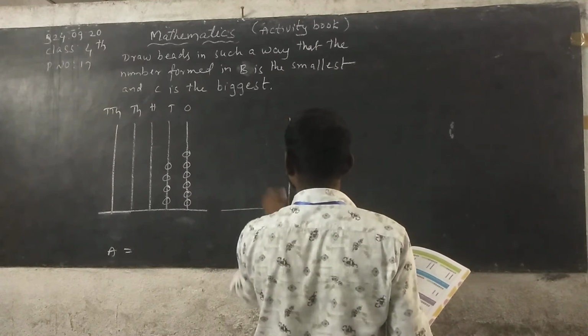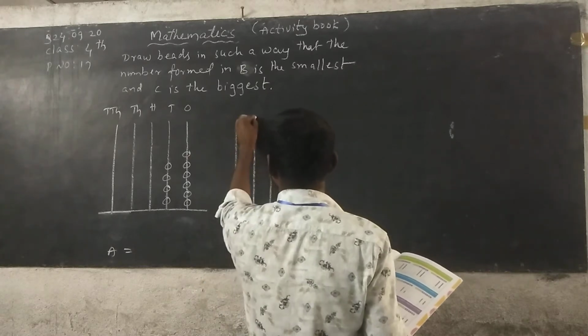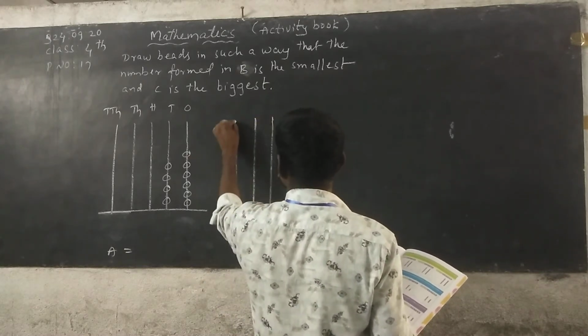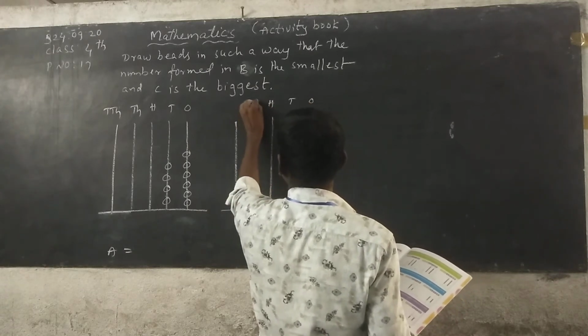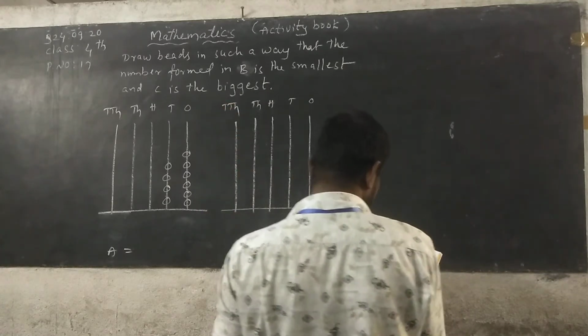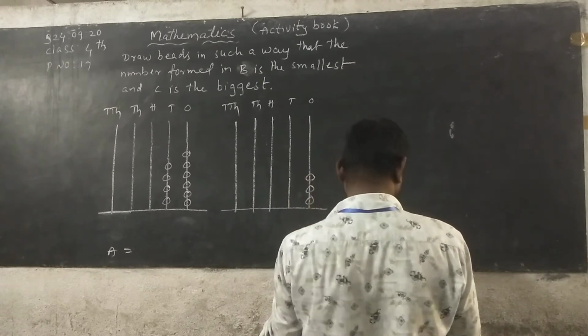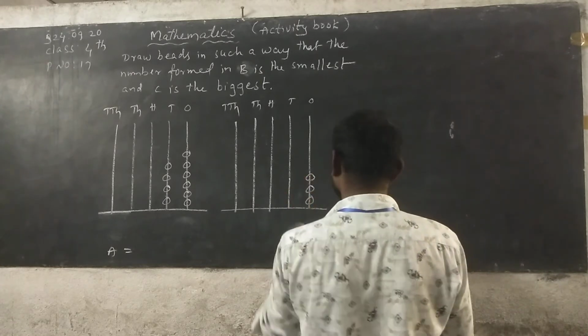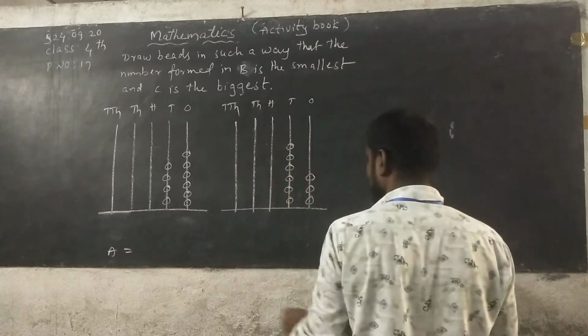Ones, tens, hundreds, thousand, 10,000. Here 3 beads. Here 6 beads. 1, 2, 3, 4, 5, 6.